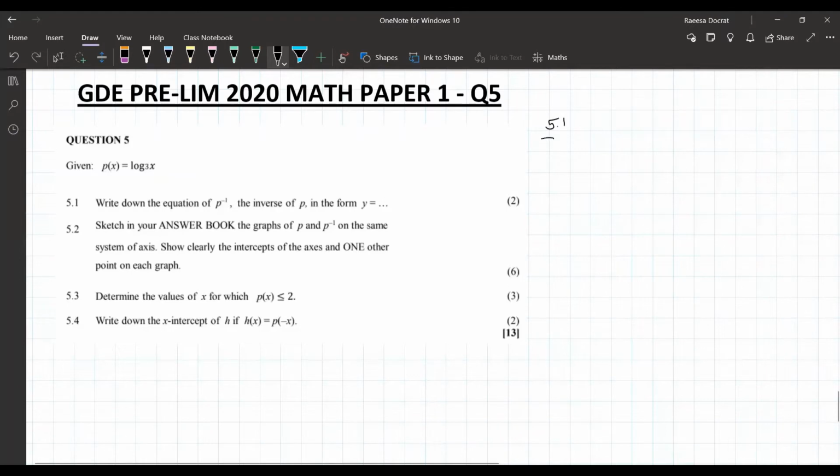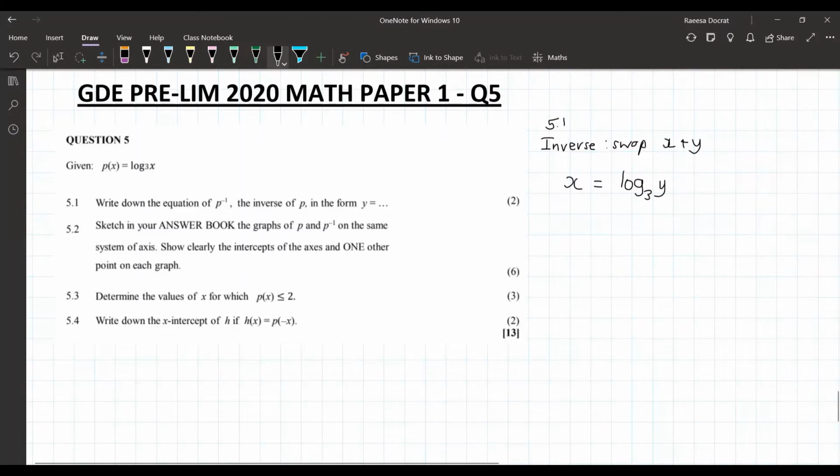To get our inverse, we know that we're going to have to swap x and y. So in the equation where y was, we're going to put x, and where x was, we're going to put y. Now we have an equation that looks like this. We want to make y the subject, so we're going to take it from log form to exponential form.